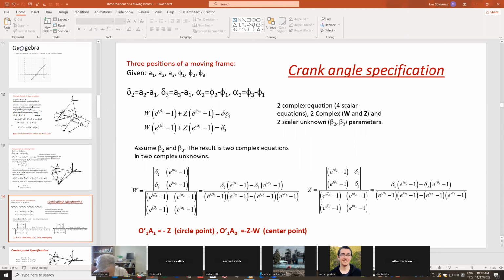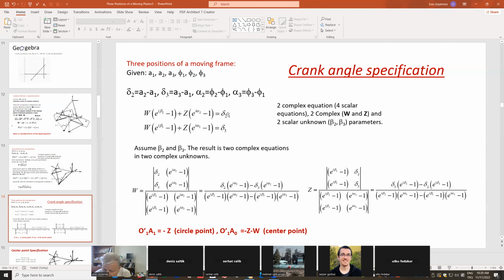W, Z, 4 unknowns, beta 2, beta 3, 2 more, 6 unknowns. I have 4 scalar equations; 2 complex equations correspond to 4 scalar equations. 6 unknowns, 4 scalar equations. If I am given values of 2 parameters, I should be able to solve these 2 equations for the other remaining parameters.